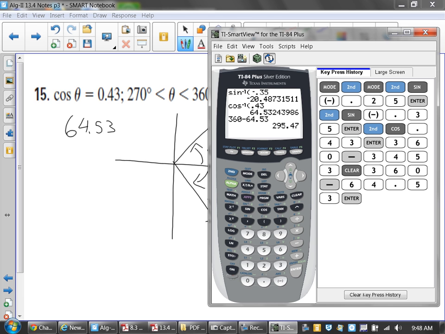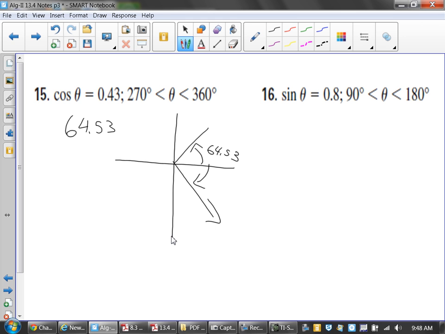If you start with 270 and add 64 coming up, you're not going to be in the right spot. Don't bounce off y. The only time that would work is if it was like 45 degrees. So don't do that, all right?